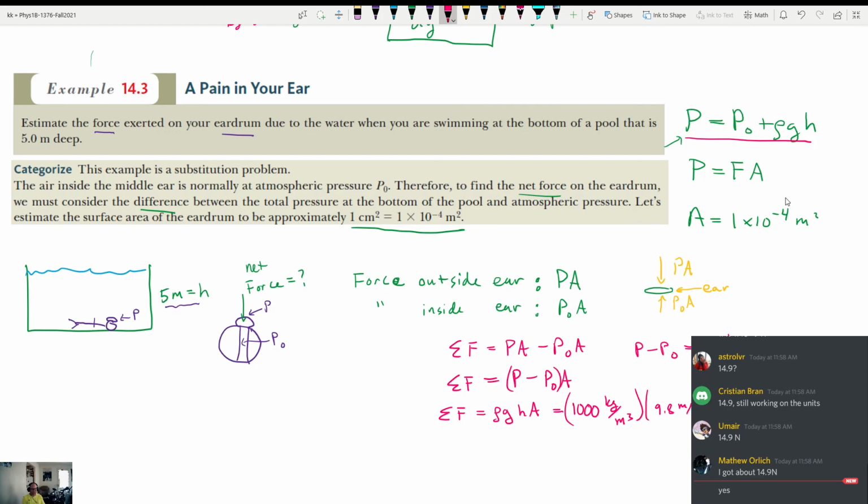This might be where people, if you used positive 4 here, you probably would have gotten a much bigger answer. That means the net force acting on the ear is all those things multiplied together. Notice we didn't even have to put in atmospheric pressure. Did you all notice that? It's just not even there.